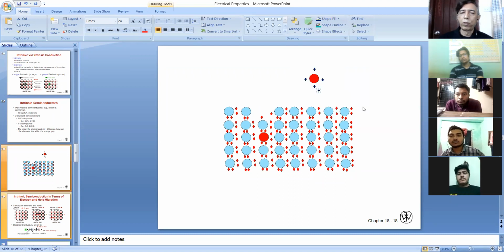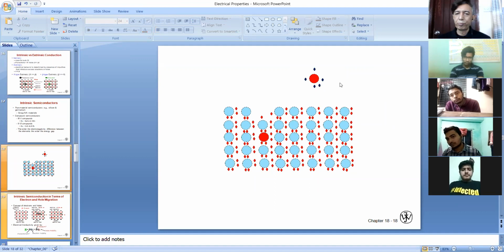In case of phosphorus, there is another electron. Actually, 5 electrons in the outermost shell. These are the 5 electrons.